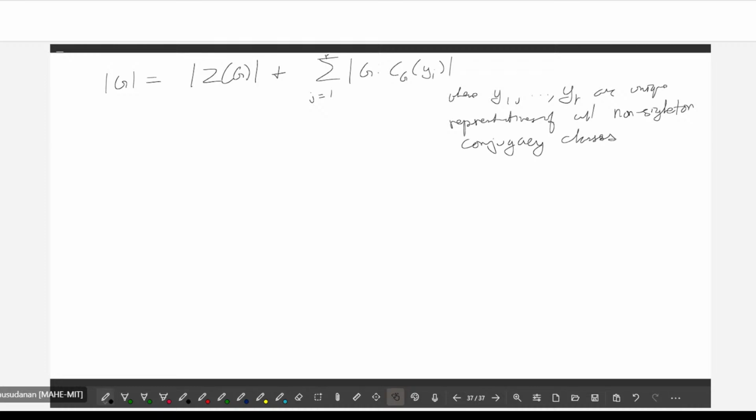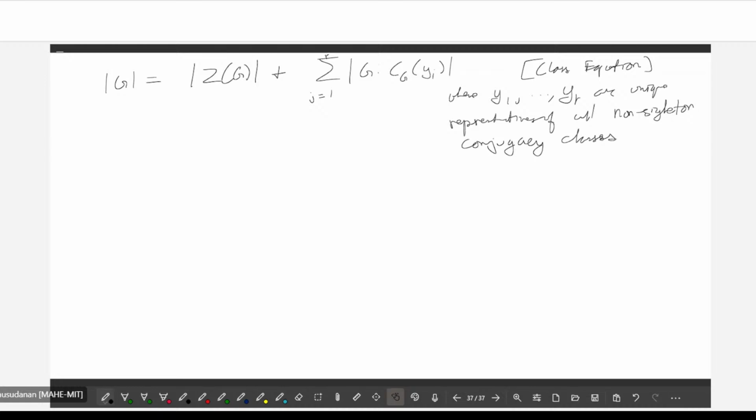Then you can partition that sum into this, which actually is not any single conjugacy class, but the sum of the lengths of all the singleton conjugacy classes, which is the number of singleton conjugacy classes. That is the order of Z of G. Okay, so this is, as you know, called the class equation for any group.